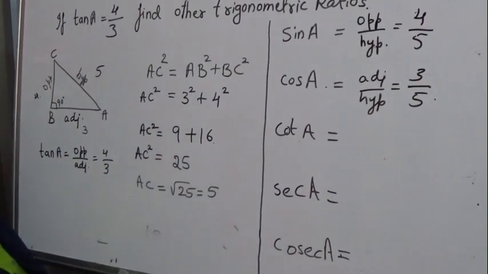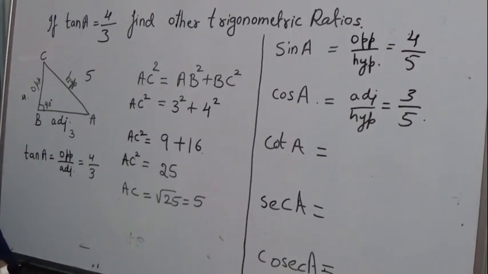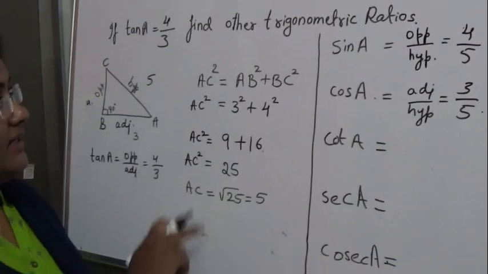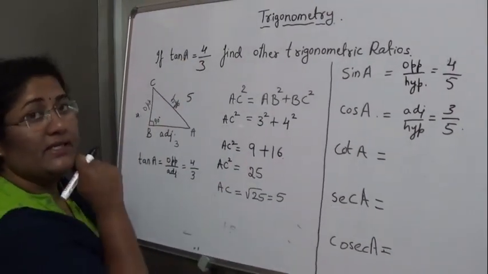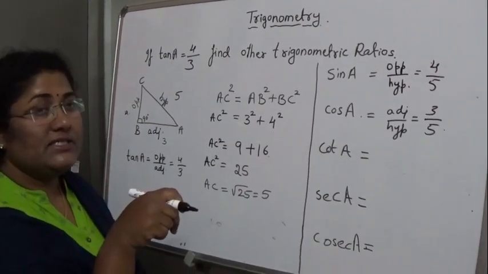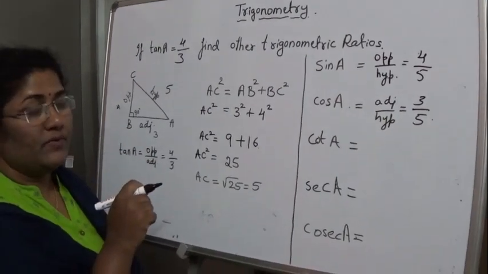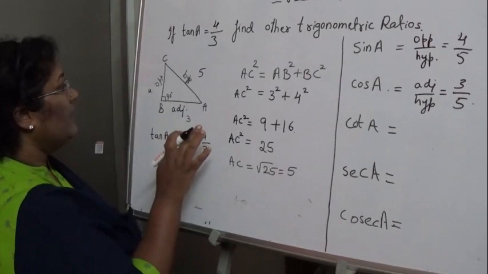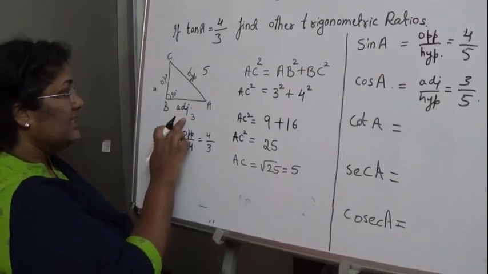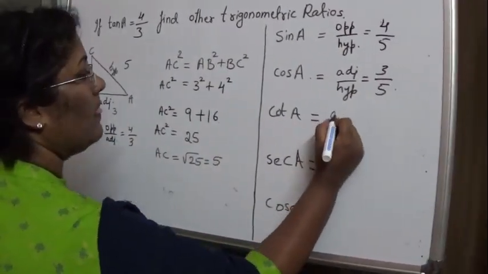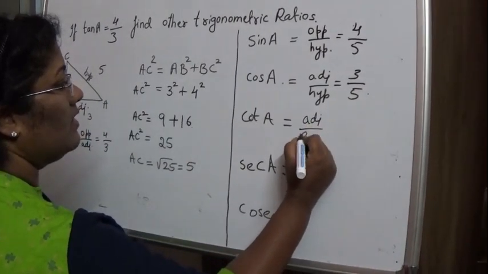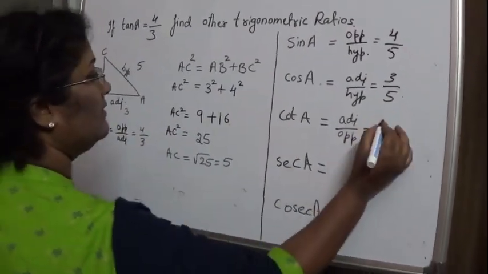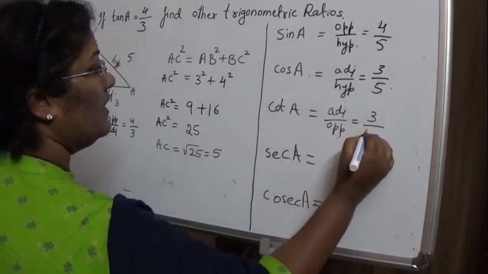And cot, you all know that cot A is the reciprocal of tan A. Tan A value is 4 by 3, then cot value is 3 by 4. Or in another way you can write cot as adjacent by opposite. Adjacent value is 3 and opposite value is 4.